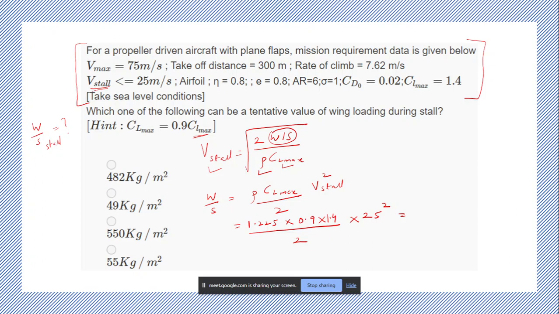Just calculate it and let me know. 1.225 into 1.4 divided by 2. What is the value they're getting? 82.3. And what is the unit?